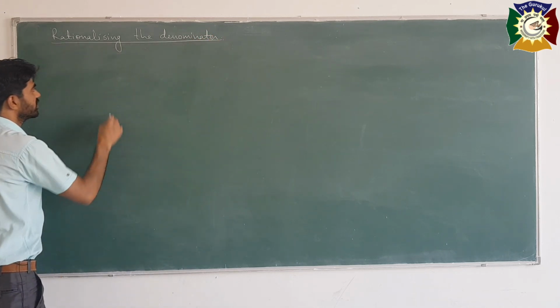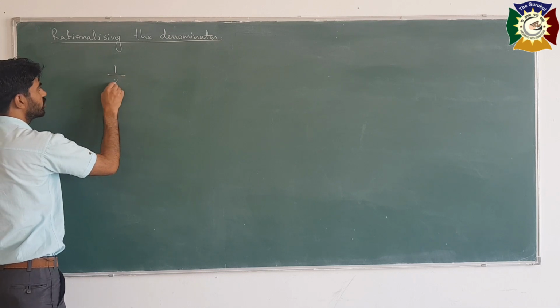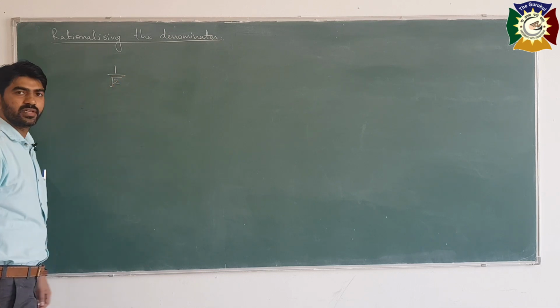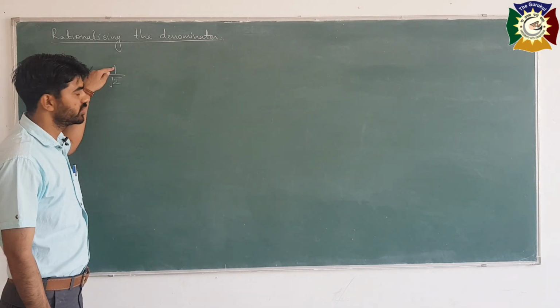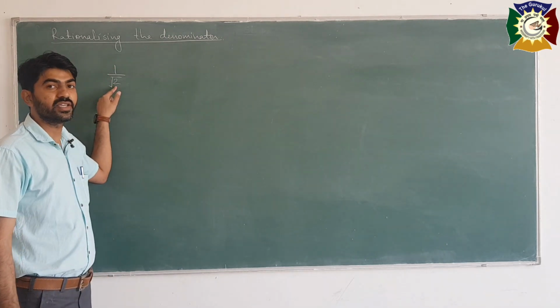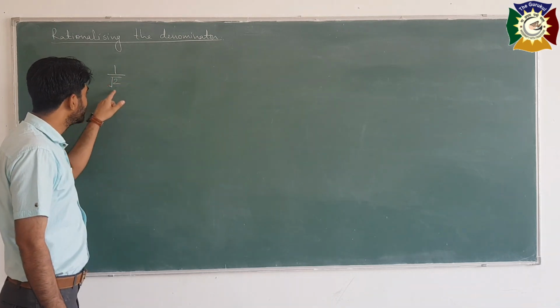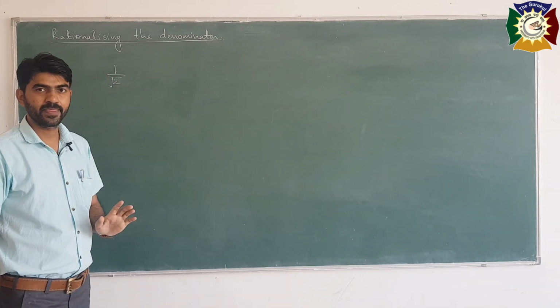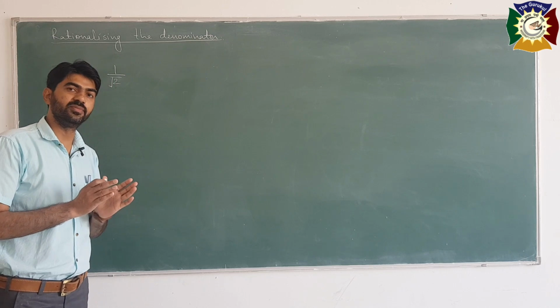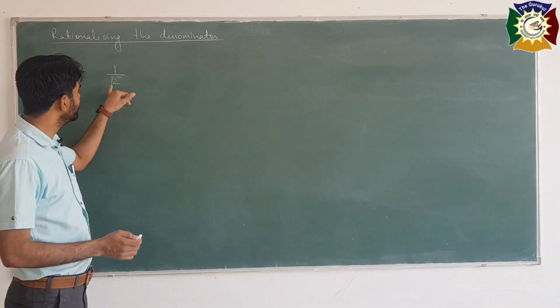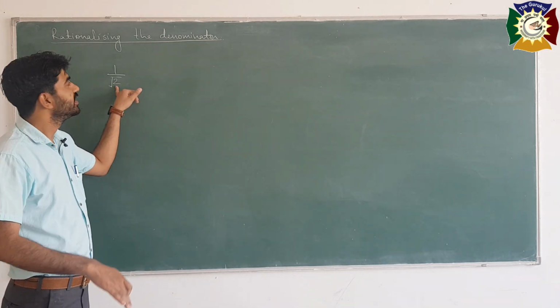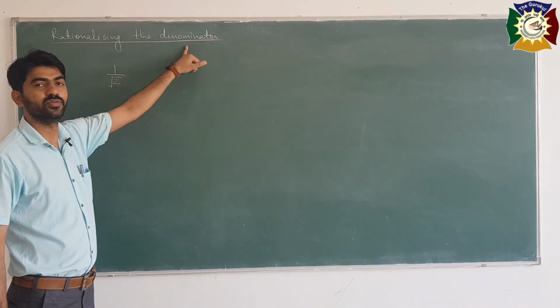So what is that? Suppose I take 1 upon root 2. Now look at this number. This is a rational number, but this is an irrational number. The denominator is irrational. I want to make this denominator rational. So the process of making the denominator rational is called rationalizing the denominator.